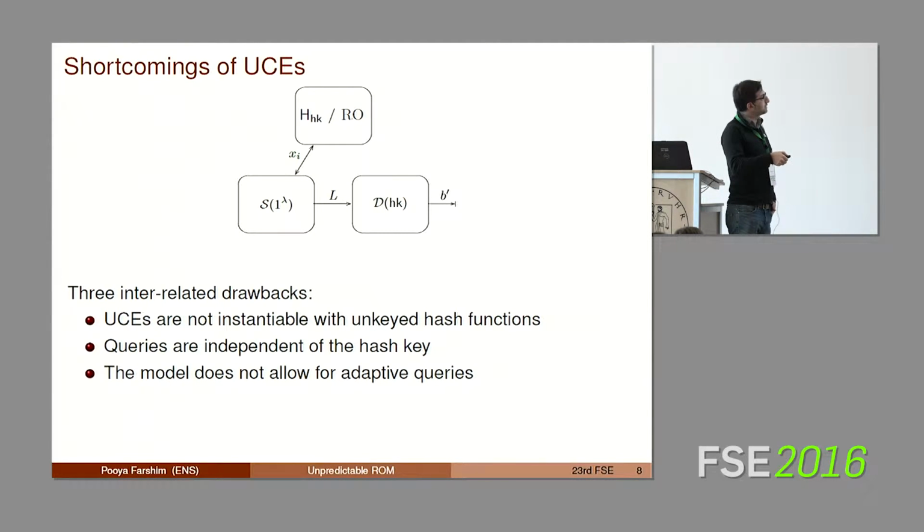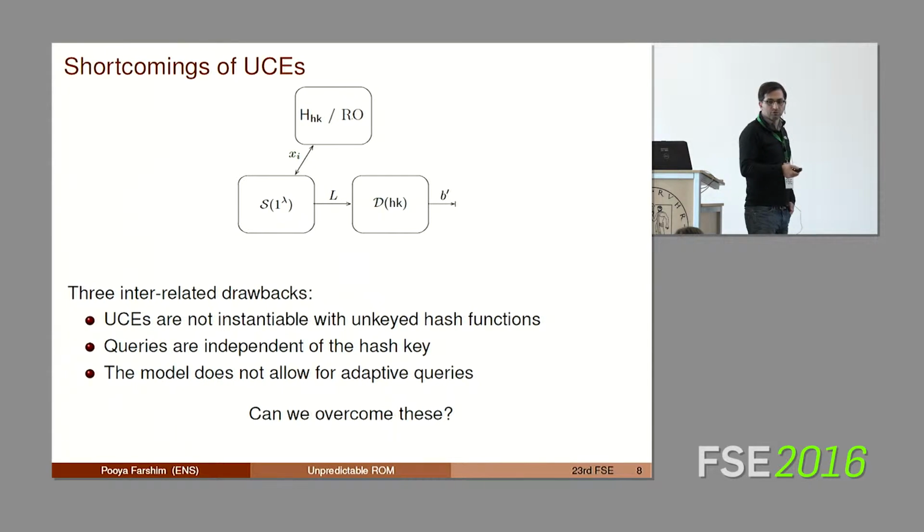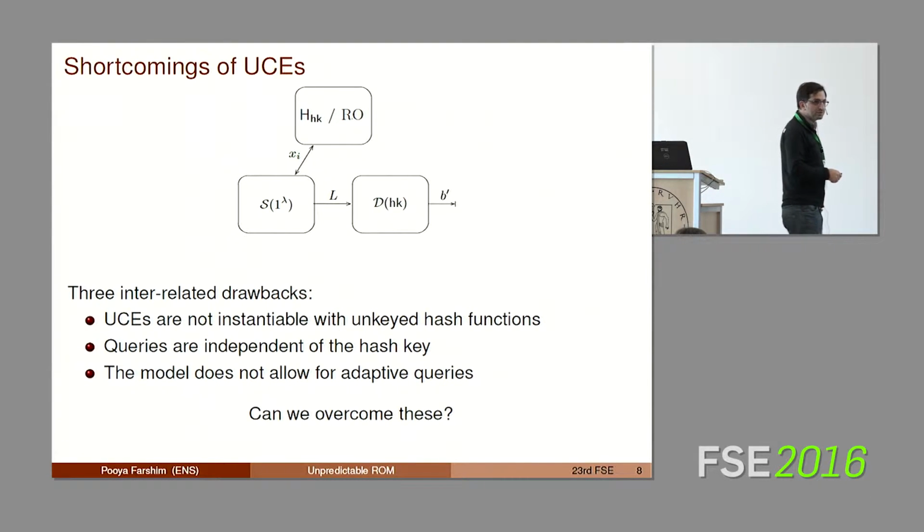And if you remove the hash key, then the definition will no longer work. You can launch trivial attacks on the definition if there is no hash key. And queries are independent of the hash key because the source S does not get the hash key. And the model does not allow for adaptive queries. Once you pass the leakage from source to D, the D does not get access to the oracle anymore. So the question is, can we overcome these?